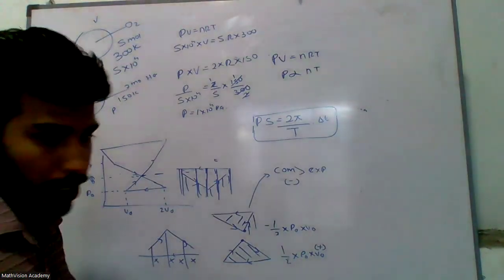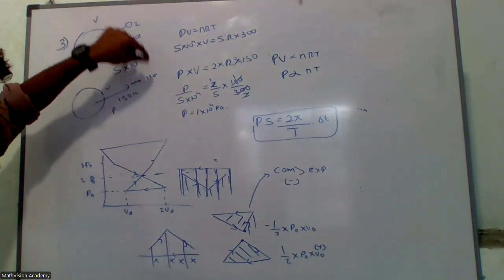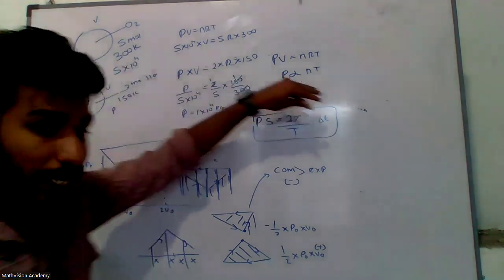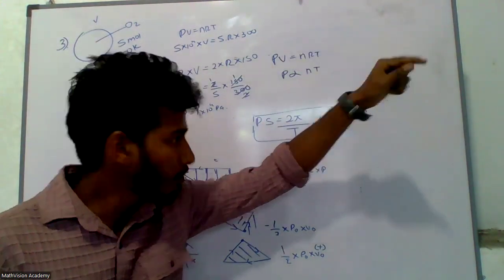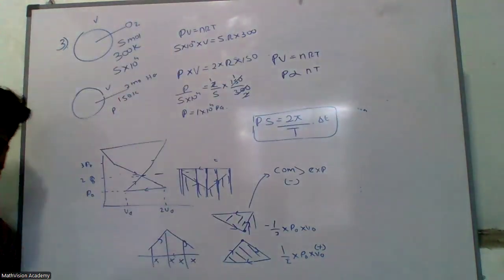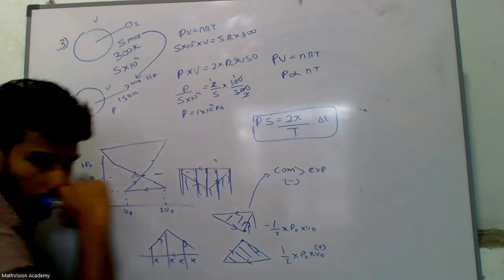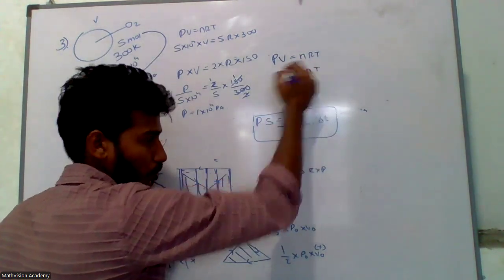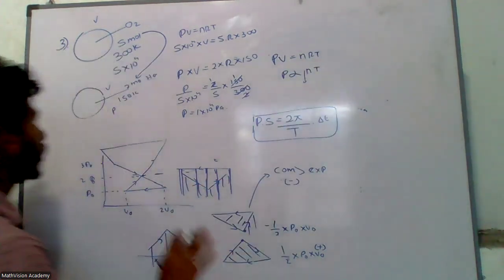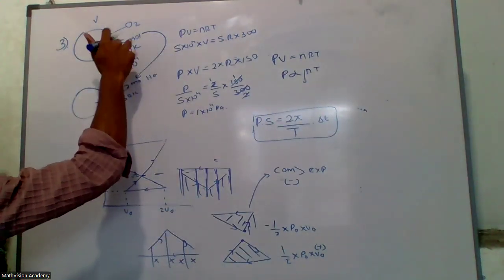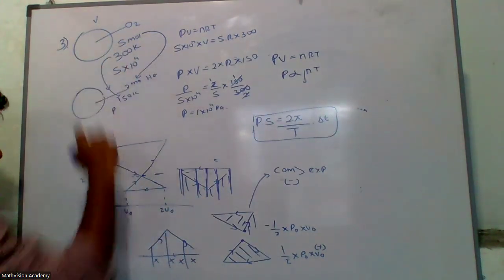So understand, if the number of moles is increasing, pressure has to increase. But here the number of moles is reducing. From 5 it is becoming 2. So the number of moles is reducing. And wait a minute, temperature is reducing from 300 to 150.